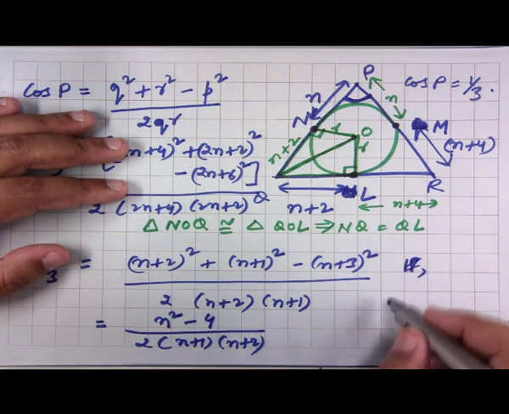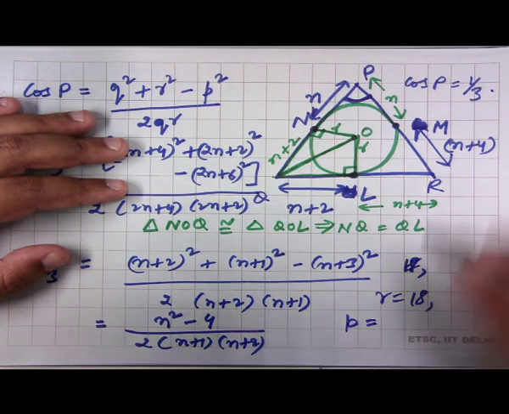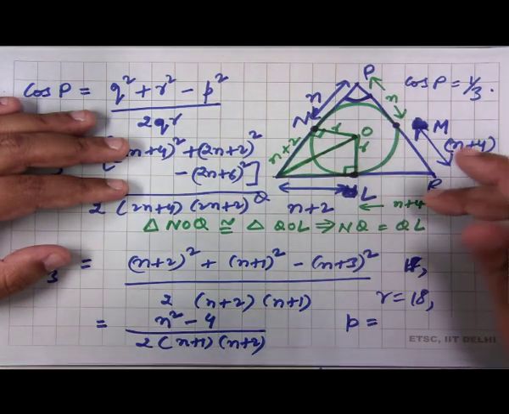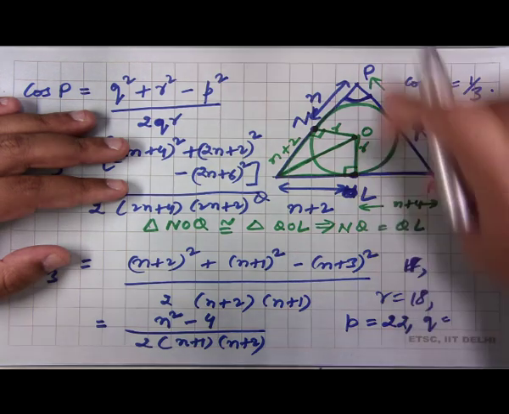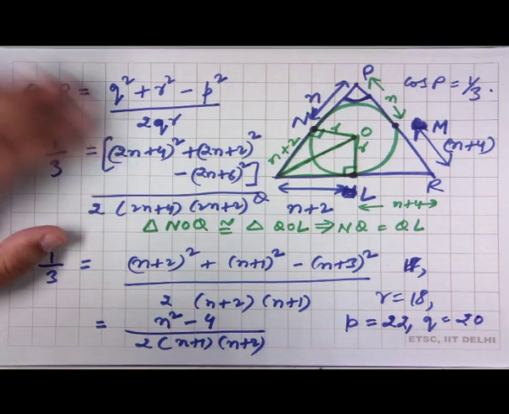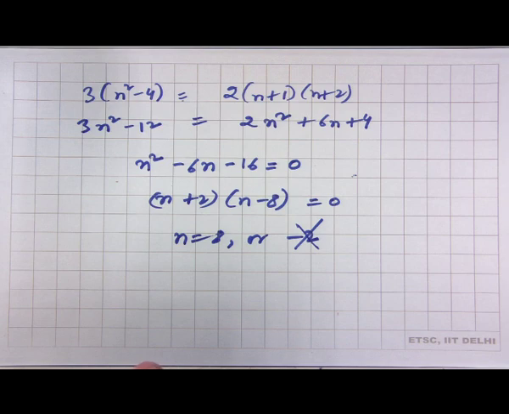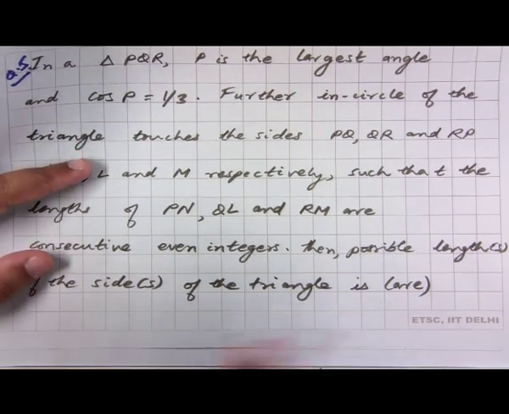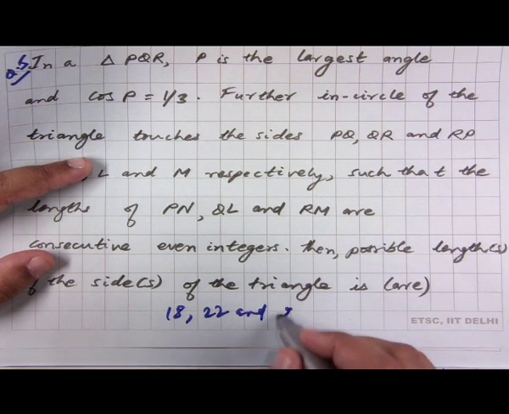So, we have r equal to 18, and we have p equal to 2n plus 6, so that is equal to 22, and the third side q, which is 2n plus 4, is equal to 20. So, that solves problem 5 also, and the possible lengths of the sides are 18, 22 and 20.